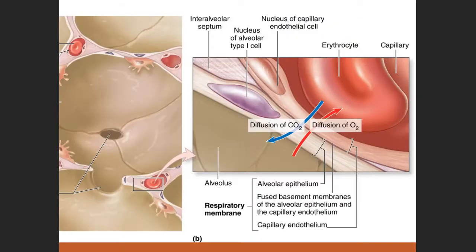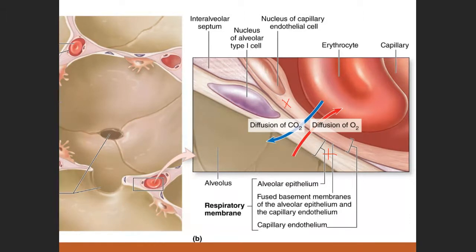We can't do much about the thickness of the capillary wall. We likewise can't do much with the thickness of the type 1 alveolar cell. Those are going to be constants. As long as we keep those two membranes in complete contact with each other, the distance for diffusion is always going to be as minimal as possible.